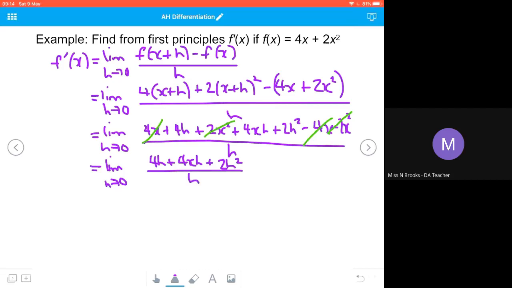So I need to take out my common factor of h.